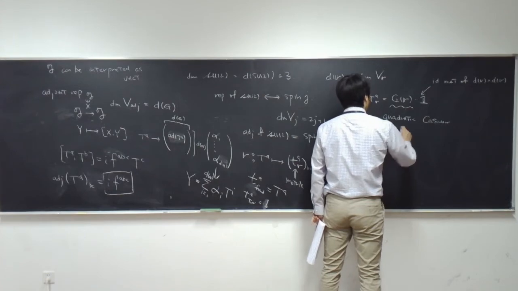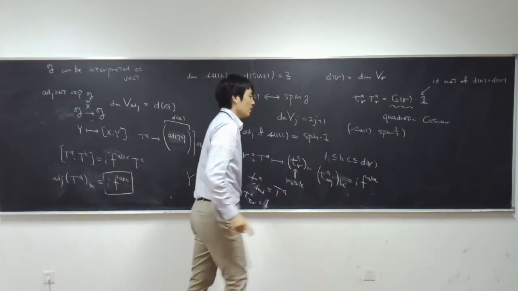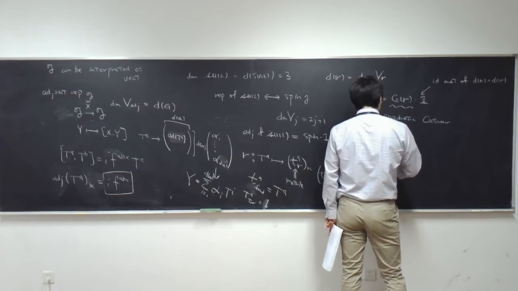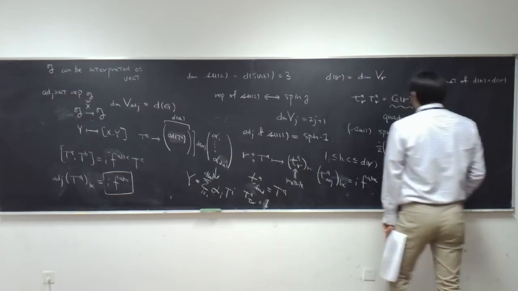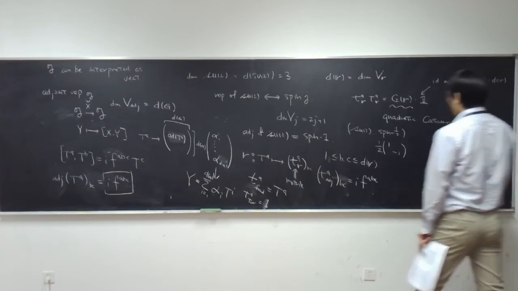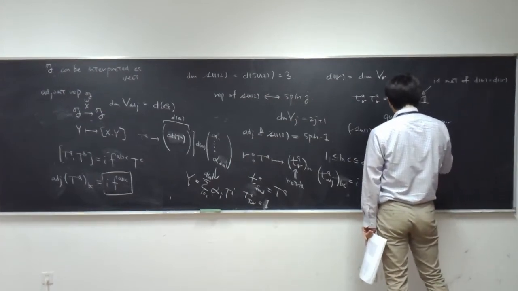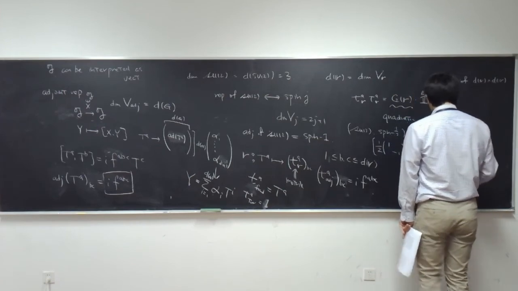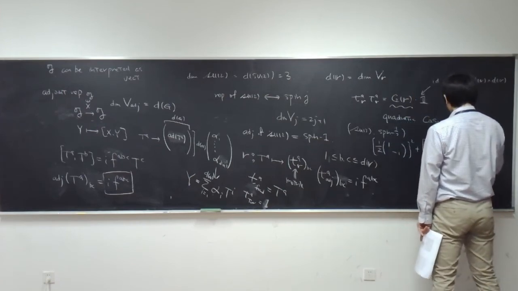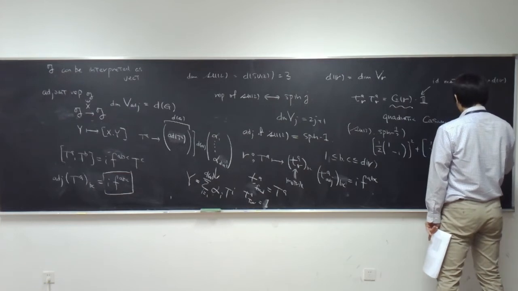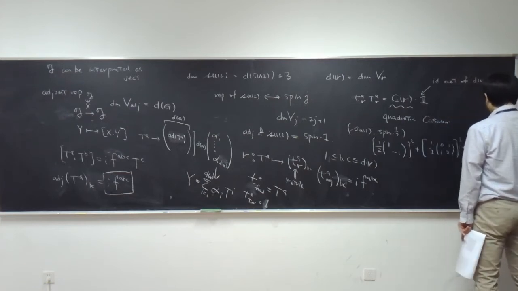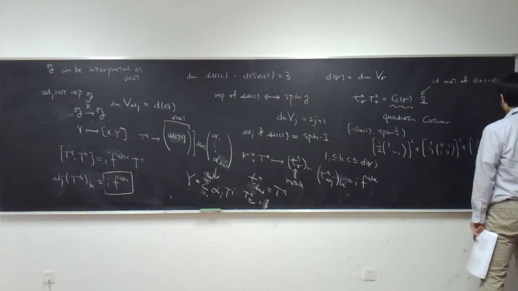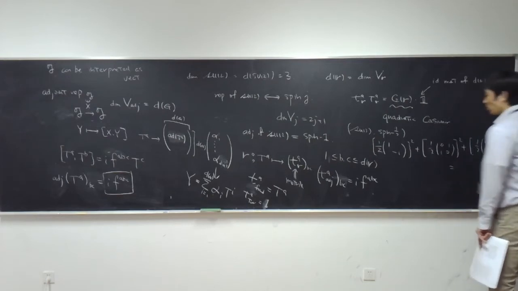You can just check: 1/2 times the matrix 0 1, 1 0 squared, plus 1/2 times 0 -i, i 0 squared, plus 1/2 times 1 0, 0 -1 squared, is equal to what?